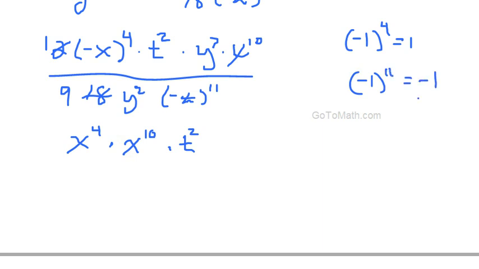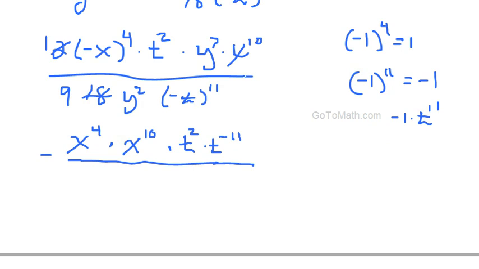So this is going to be negative 1 times t to the 11th power. Let's take this negative and put it out front. And also what I'm going to do here is take this t to the 11th to the top, which is going to make that t to the negative 11.